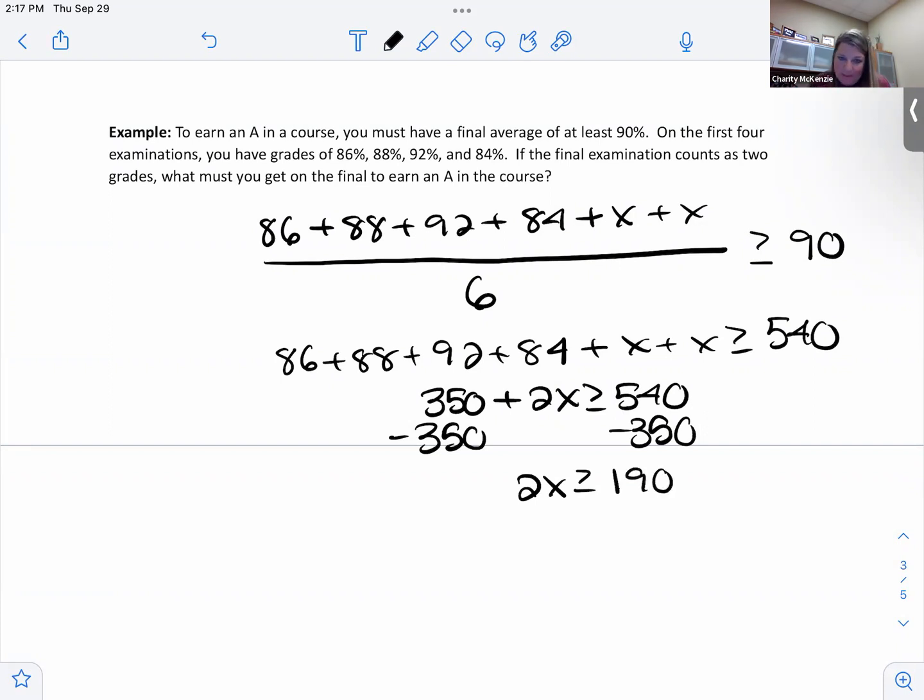Okay, divide that by 2, and ooh, that's kind of a good grade. X is greater than or equal to a 95. We have to do pretty good on that exam. We have to get better than a 95.